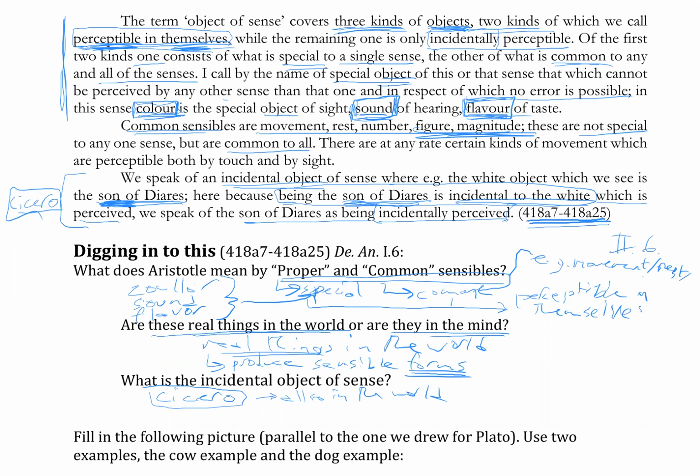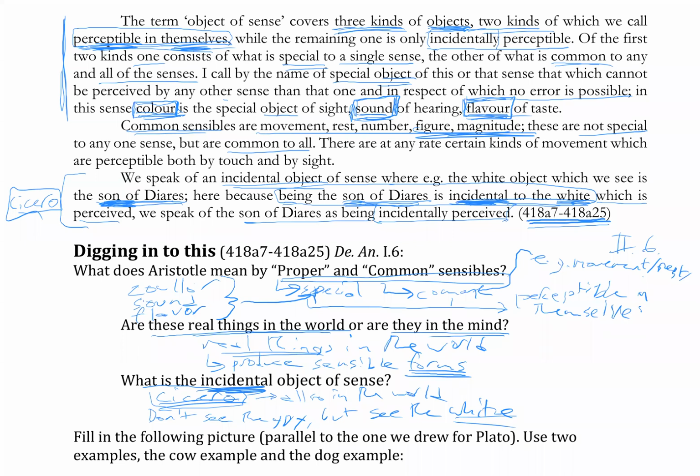Why is it incidental? What makes it incidental? Well, we don't see the guy so much as we see the white. So what do we see off in the distance? Well, I don't know, somebody wearing white robes. Turns out it was Cicero.